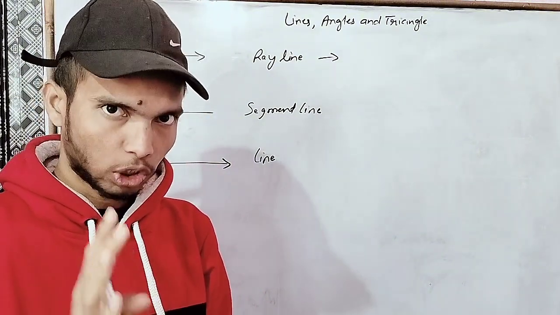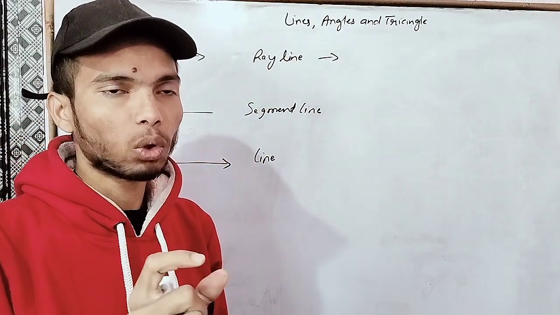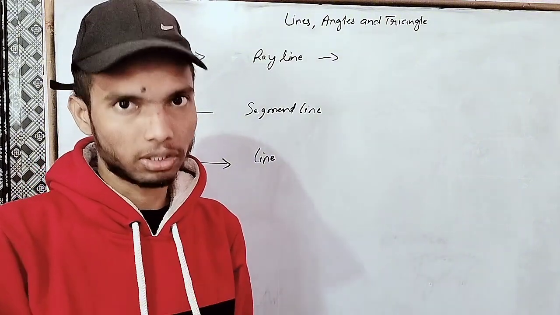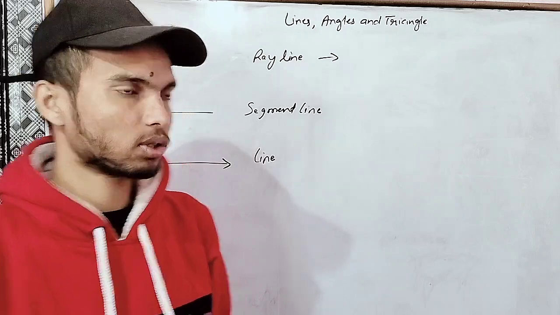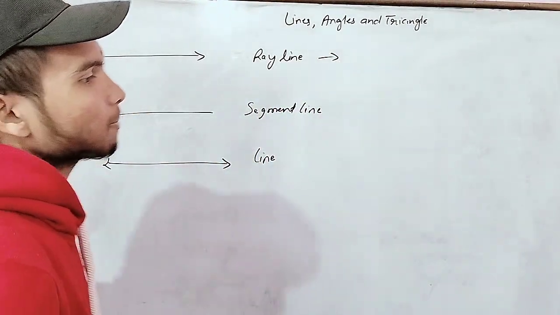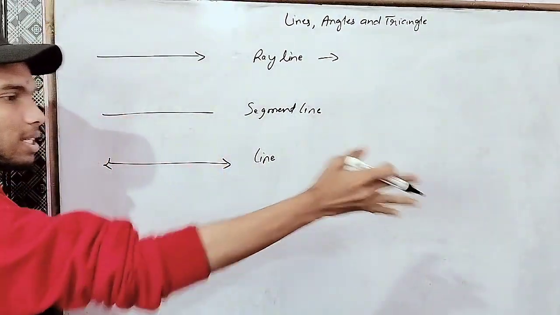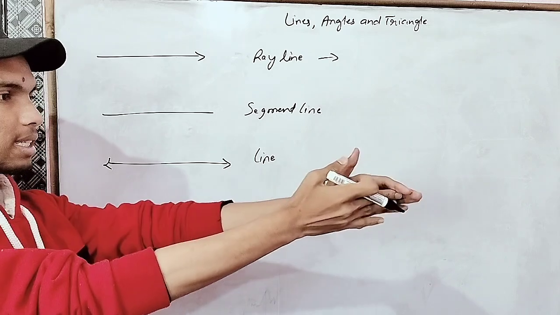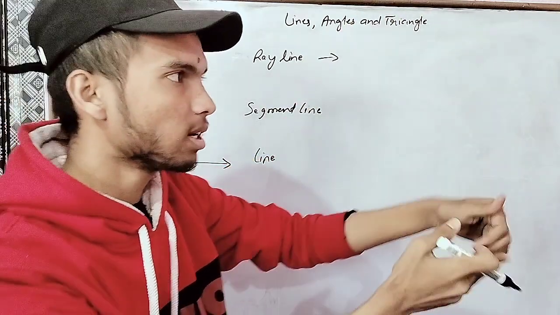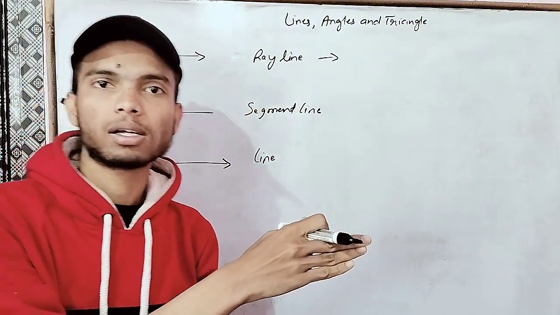Wherever we look, the arrow is indicating infinite direction, infinite distance. So always remember, the arrow will determine infinite distance. This arrow is like this, a line is like this, and this side is the arrow, so this will keep going.